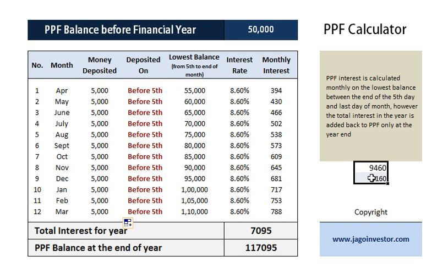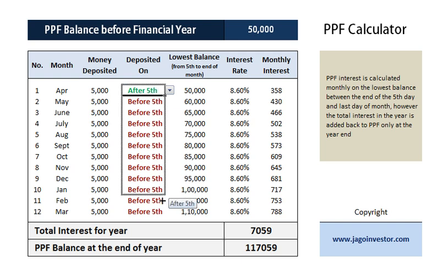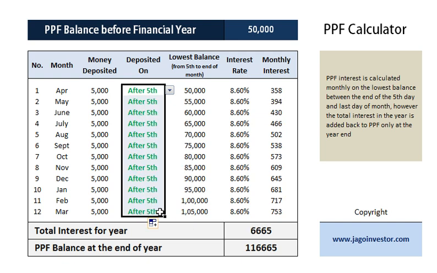And if you do this after the 5th of every month, instead of 7,000, it would be somewhere around 6,600. So again, you are losing a couple of hundred rupees just by delaying it by a few days. So better not do it.